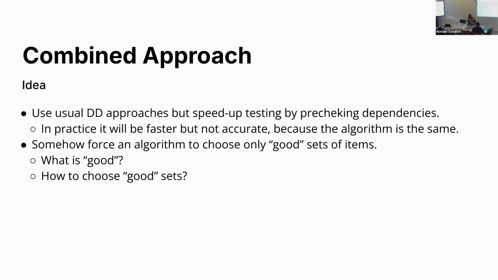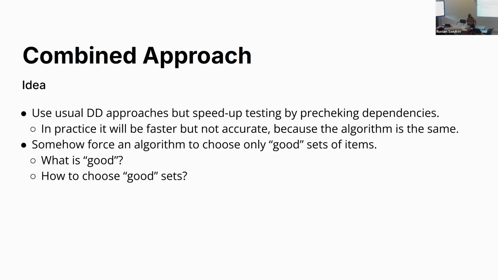This works well. It's faster, but it basically changes nothing. It's just a pre-check of the tests without actual improvement in accuracy. So yes, it will be faster, but with bad results.